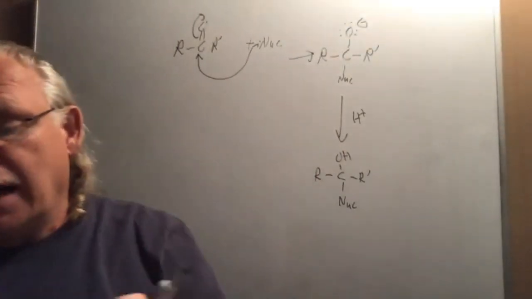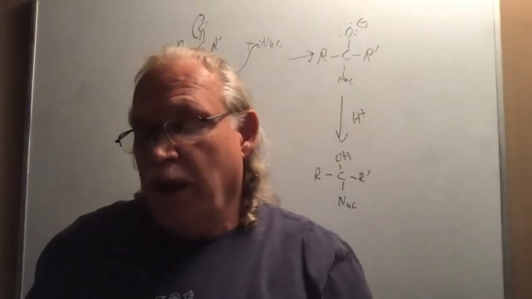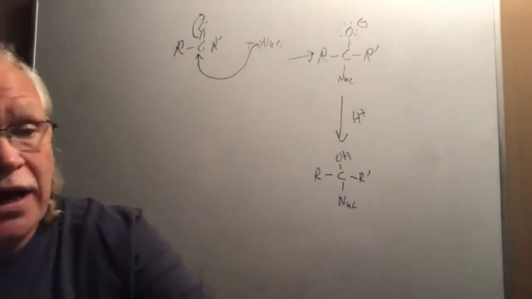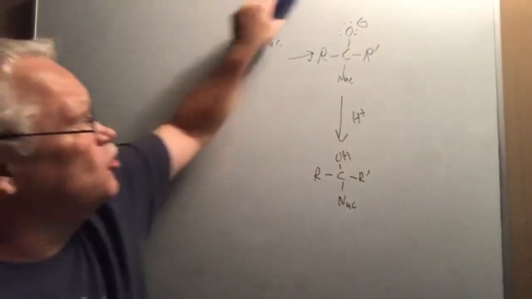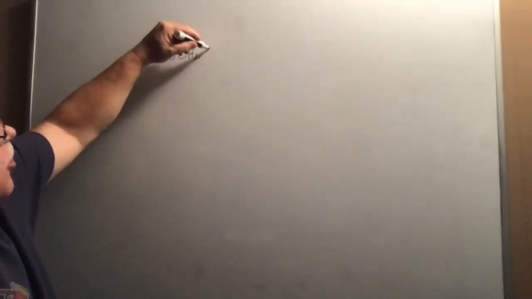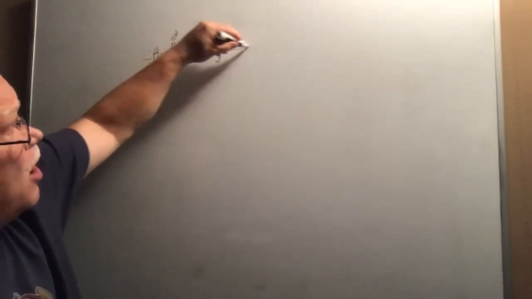Notice the reaction I'm using on page 3 in the notes is just where I'm using a Grignard reagent as my nucleophile. Remember, Grignard reagents are nucleophiles because they have a negative charge. So if I gave you this question on the test, I would expect you to be able to give me the product.